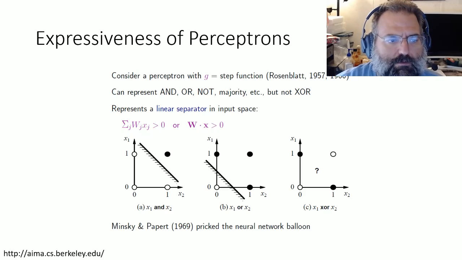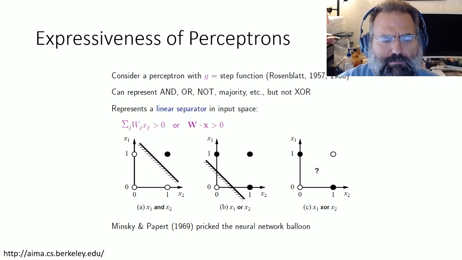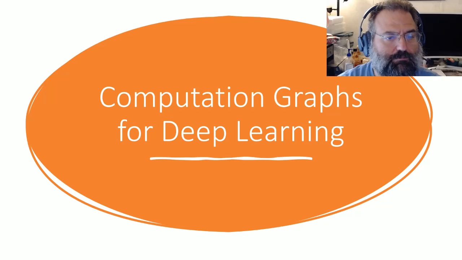So you could do and or not, but not XOR. So exclusive OR was something it couldn't do. And this became an issue because there's certain situations where you need that sort of stuff. And this gives you a hint there on the citation, 1969. This is not new stuff. We've been doing it for quite a while.